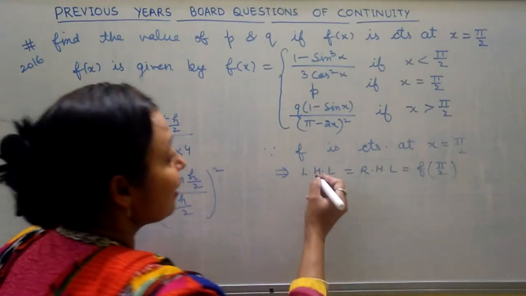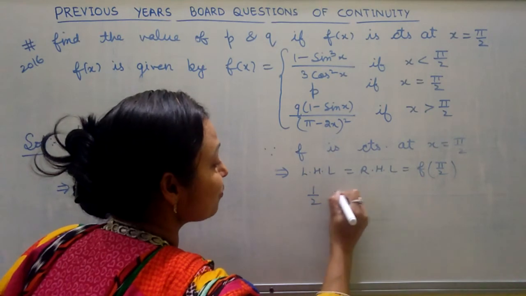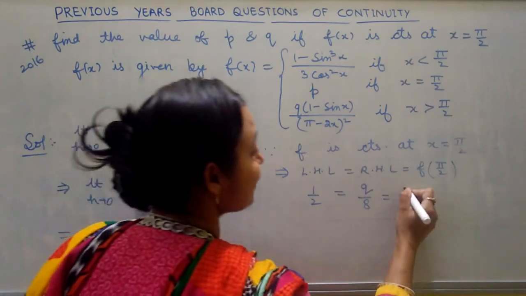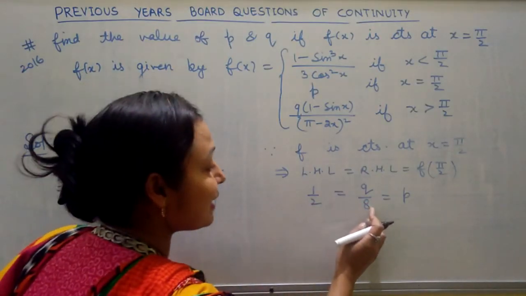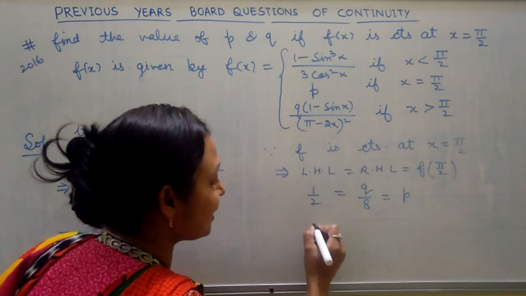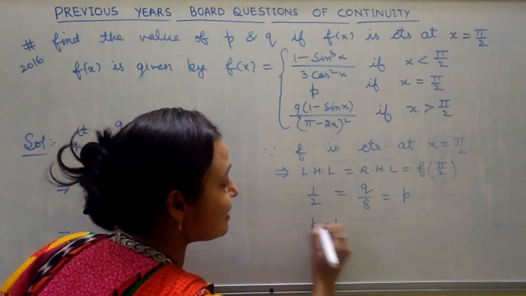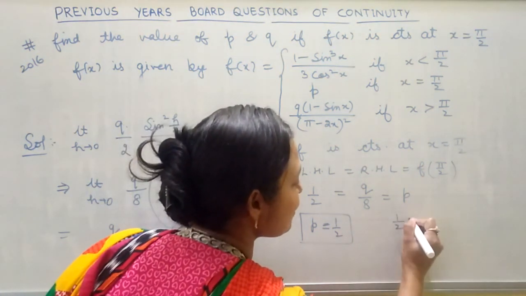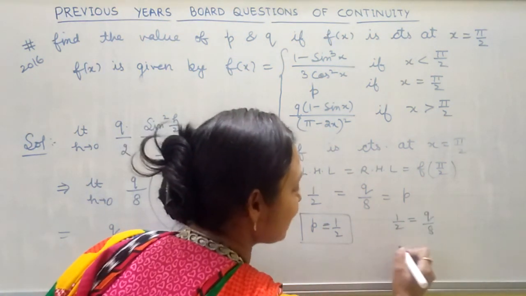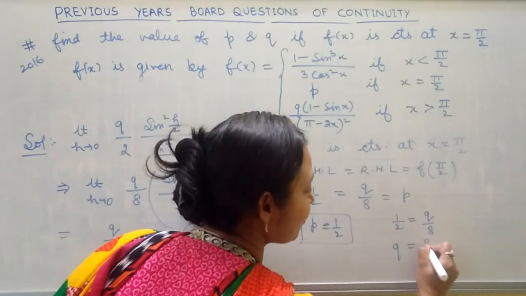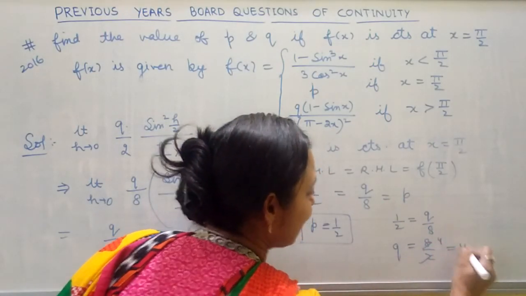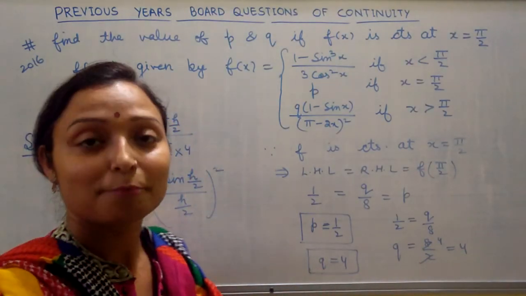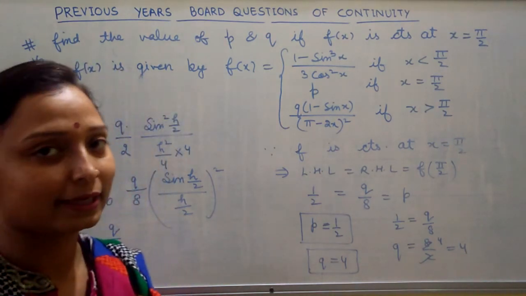Left hand limit equals 1 by 2, right hand limit equals q by 8, and f of pi by 2 is p. By taking first and last, p equals half. When you take half equals q by 8, taking 8 to the numerator you get 4, that means q equals 4. So these are the two values which we get by equating the left hand limit and right hand limit.